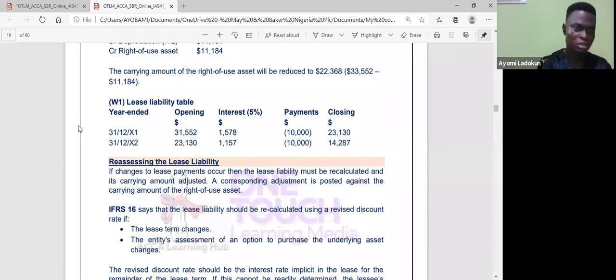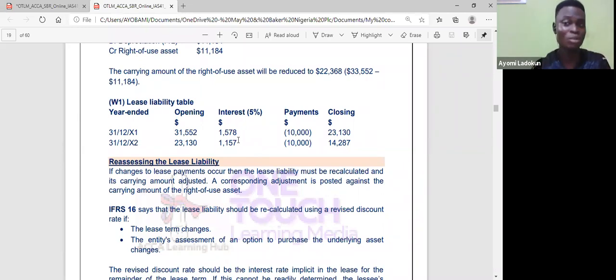Once you learn this, it's very simple. Even under IFRS 9, financial instruments, there's something they call amortized cost. This is exactly what you are also doing there when you are measuring your financial liability.